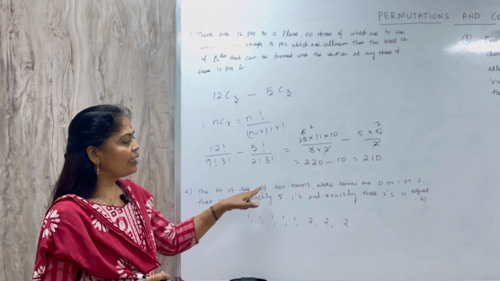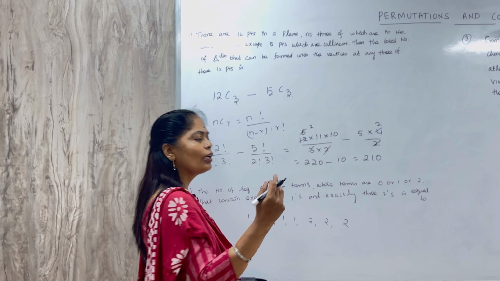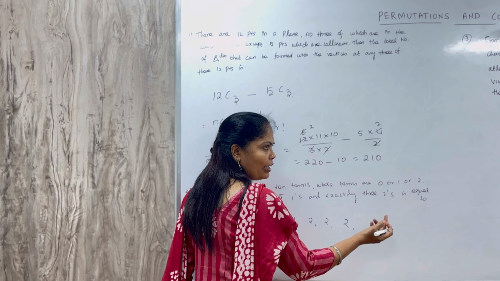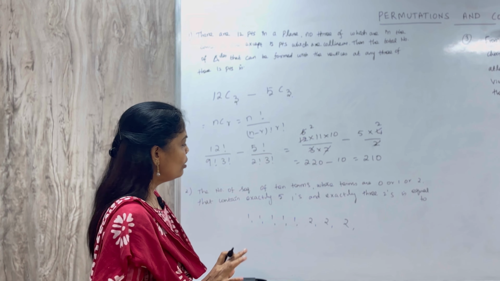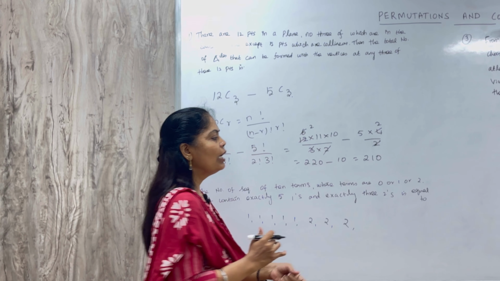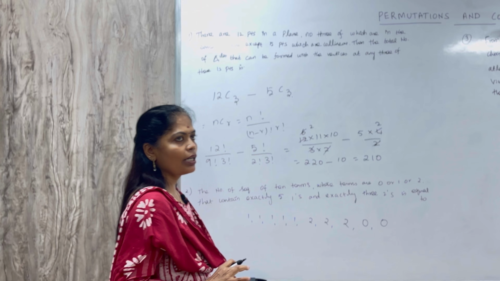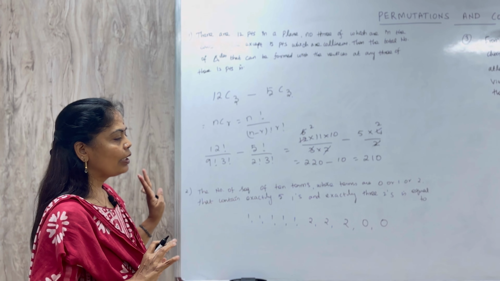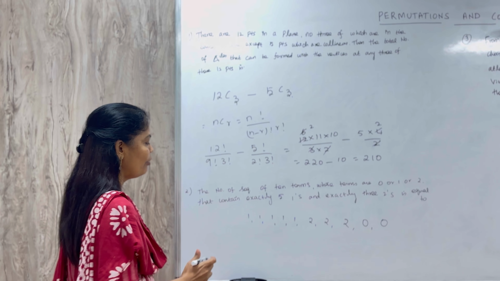The sequence should contain only 10 terms. So the remaining should be 0 definitely, because the sequence contains only 0 or 1 or 2. For 1 appearing 5 times and 2 appearing 3 times, the remaining terms definitely should be 0. So 2 zeros are there. So these are total 10 terms. In how many ways can this sequence be formed?